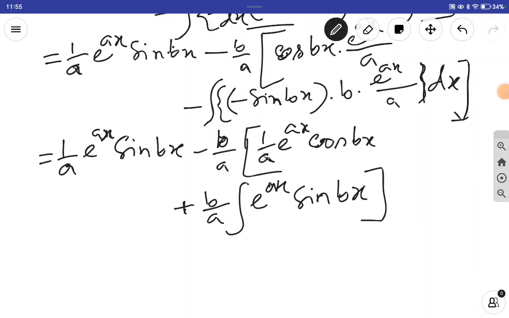So you see here that this is the integration we took in the initial stage. So we can put I instead of this integration part.